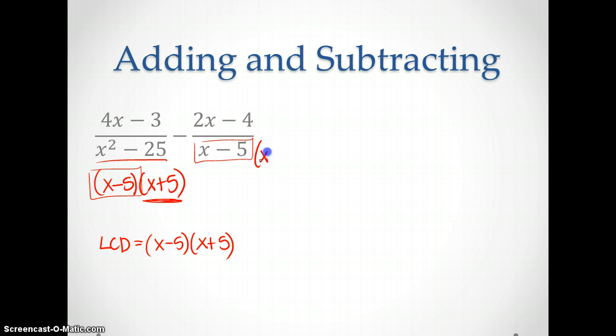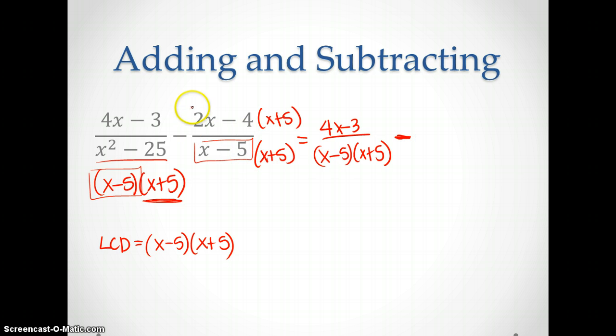So we need to multiply this fraction on the right side by x plus 5 in order to get that common denominator. So the first fraction didn't change, 4x minus 3 over x minus 5, x plus 5, because they already had both of our factors in our least common denominator. And then we're going to subtract away. And if you notice, we have a binomial in the numerator times a binomial.